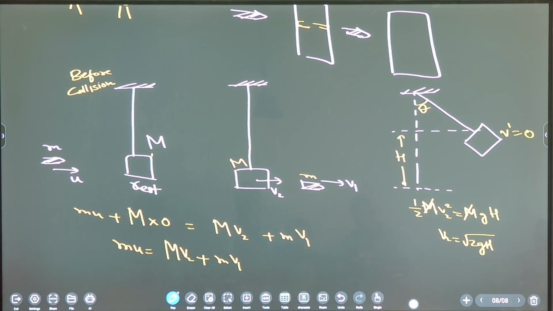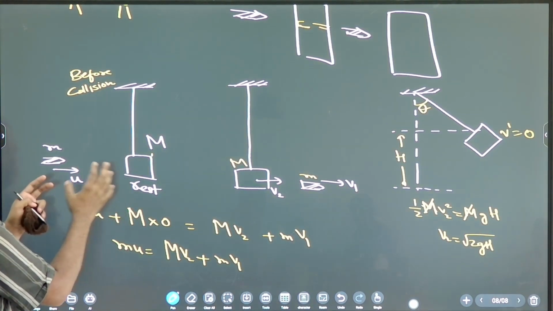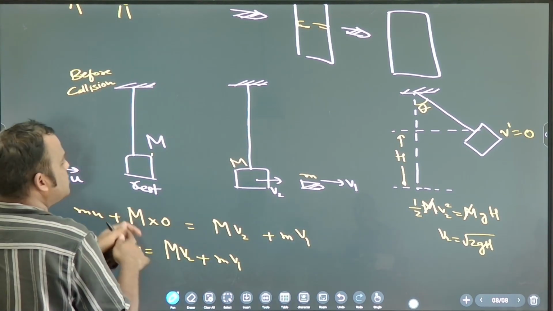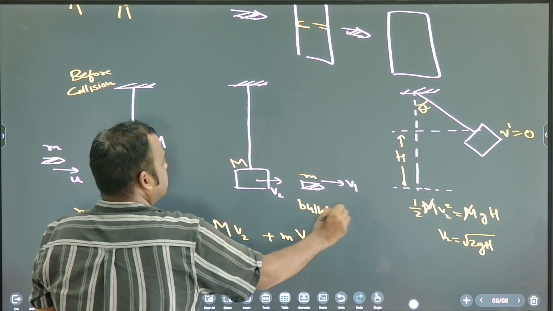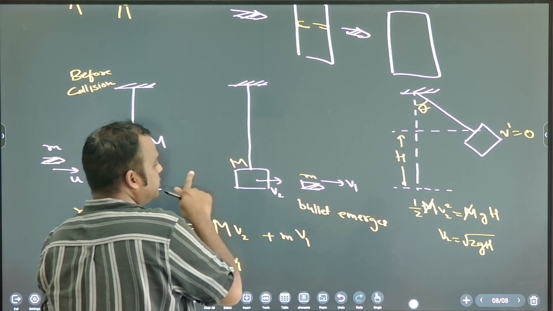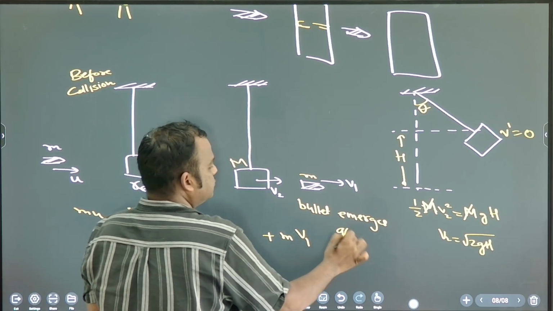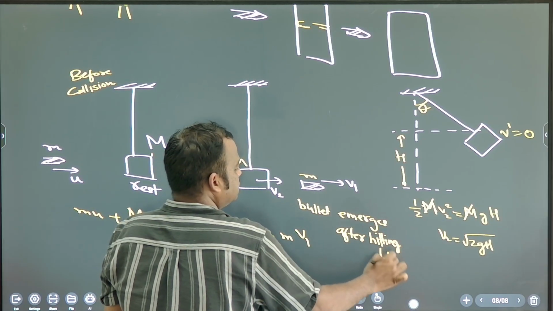Okay, note down. So it is the same thing, just not embedded. It is coming out, emerging. This is known as emerging. The bullet emerges after hitting the block.